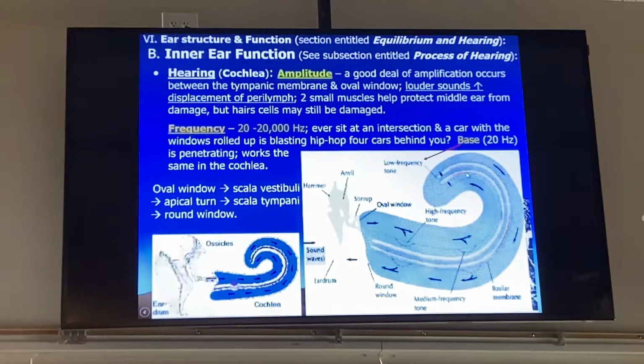It is, it's graded all the way up. From 20,000 hertz to 20 hertz at the apex. Except as you grow, because of the size and the shape of the chambers. As an adult, this is going to be more like 19,000 hertz, and this is going to be more like 28 hertz.